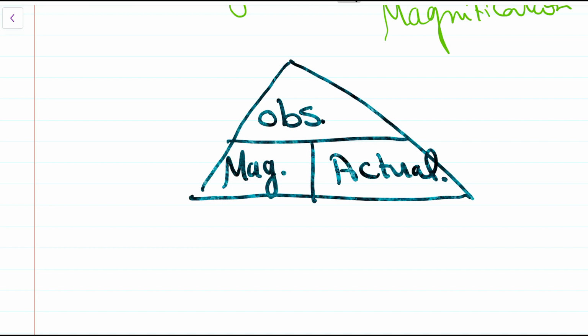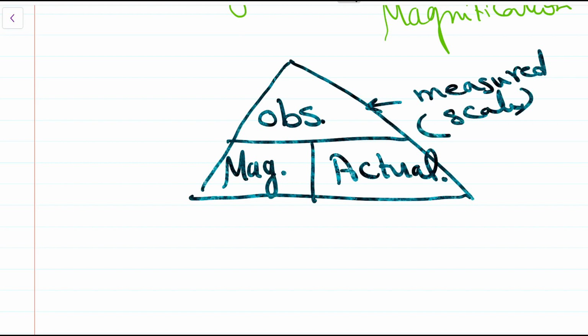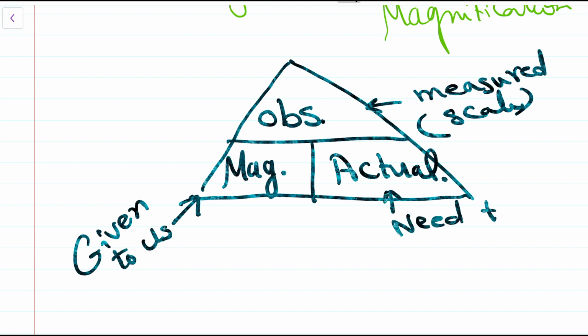Okay, in the case of our example, I saw the animal cell under the microscope, I drew it on the paper, and now the teacher asked me to calculate the actual length. So I have the observed one, which is drawn by myself, and this can be measured using the scale or the ruler. Magnification is mainly given to us in the question, and then we need to figure this out.